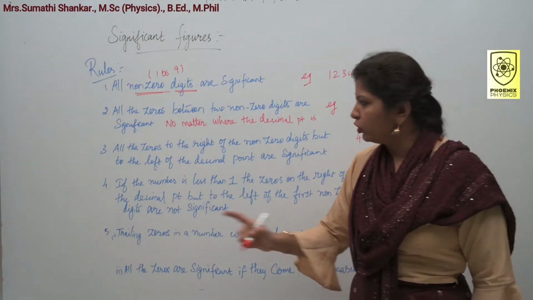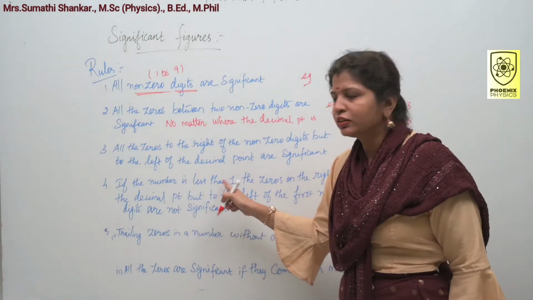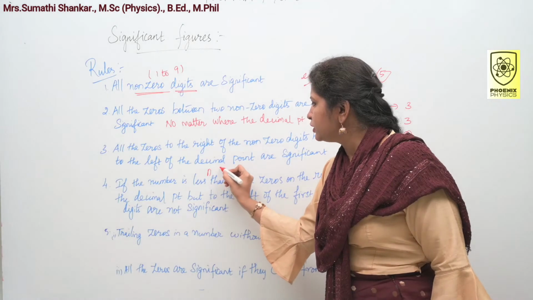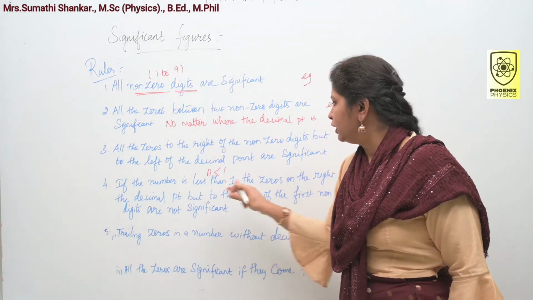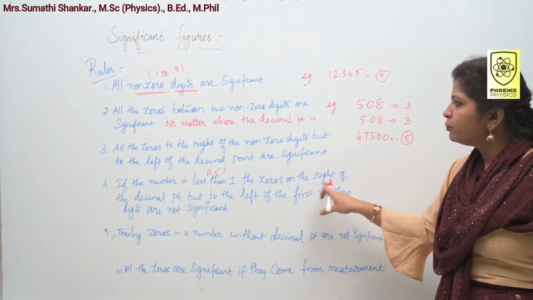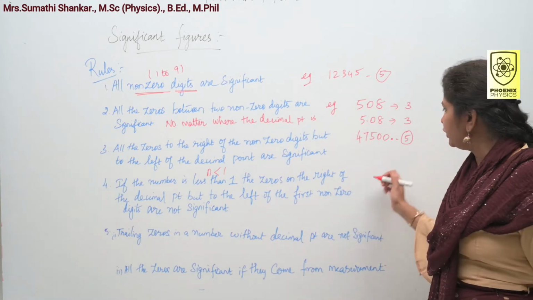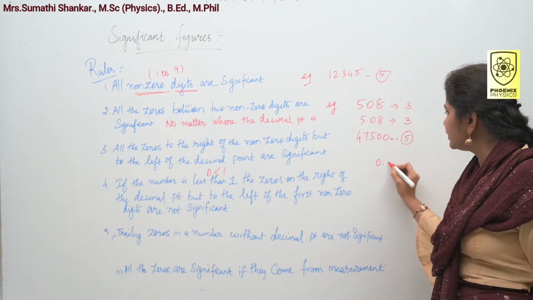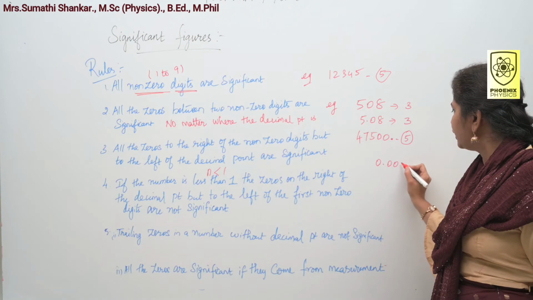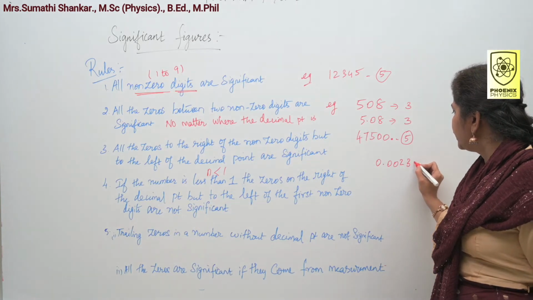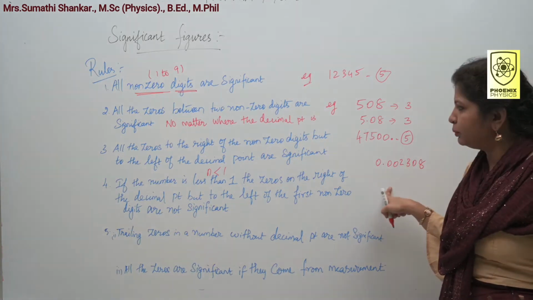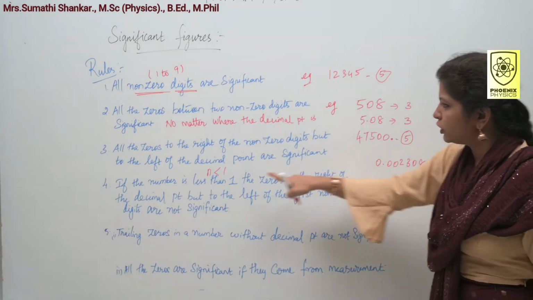Rule number 4. If the number is less than 1, for example 2308, this is my number. This number is less than 1.